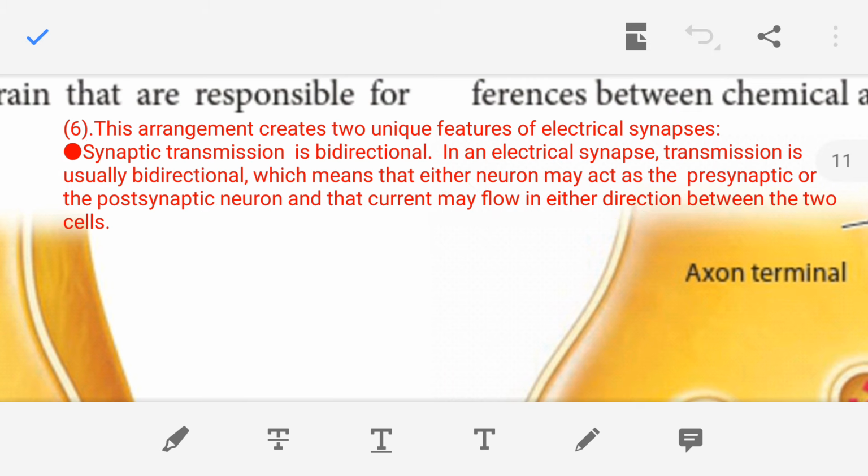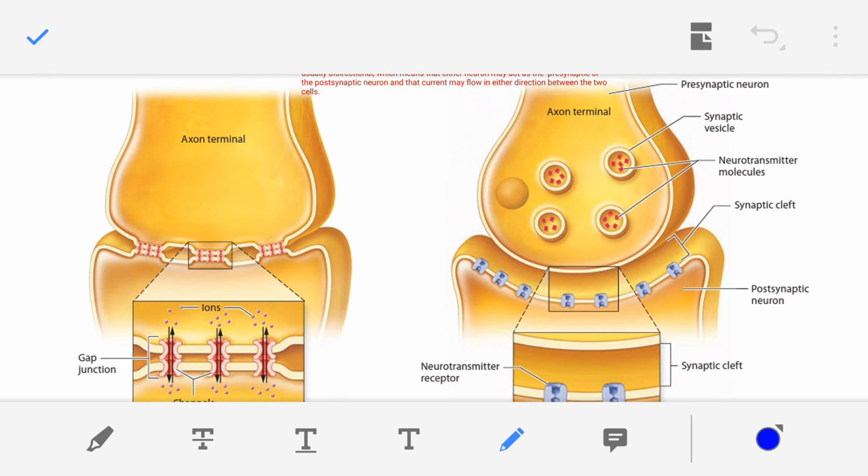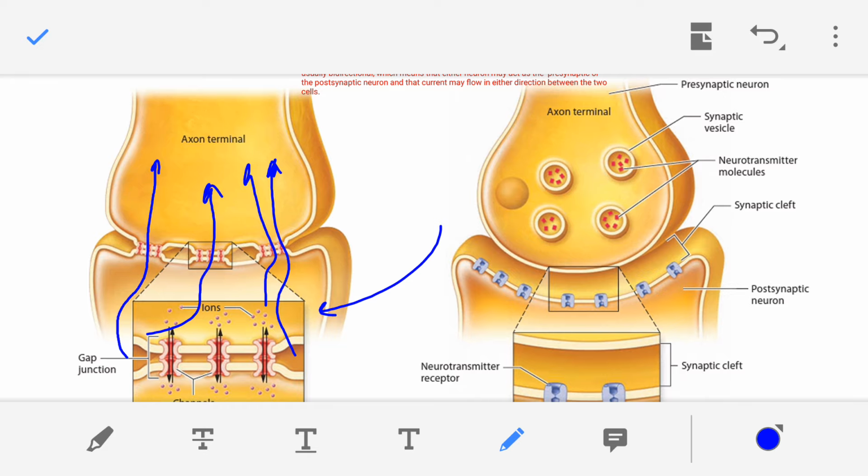the two cells. So let's say, if this cell is acting like a presynaptic neuron, at that time the electricity or the current will move in this direction from this cell to this cell through the gap junction. Okay, and in case this cell is acting as a presynaptic neuron, then electricity or the current will flow from this cell to this cell through the gap junction.